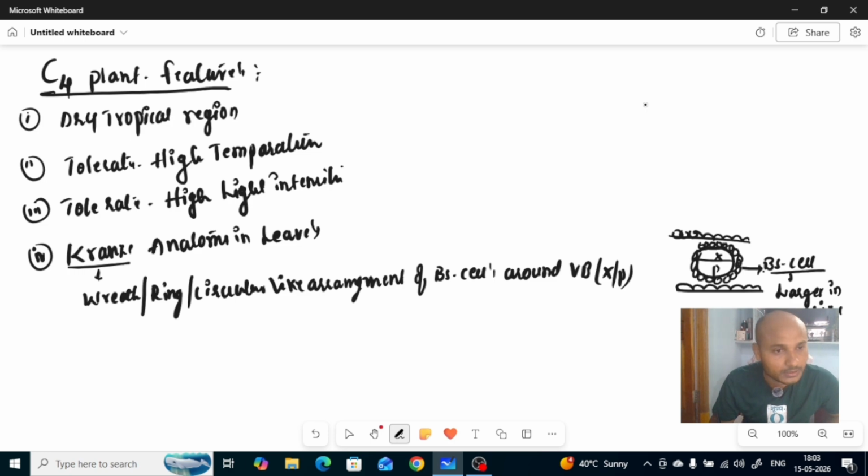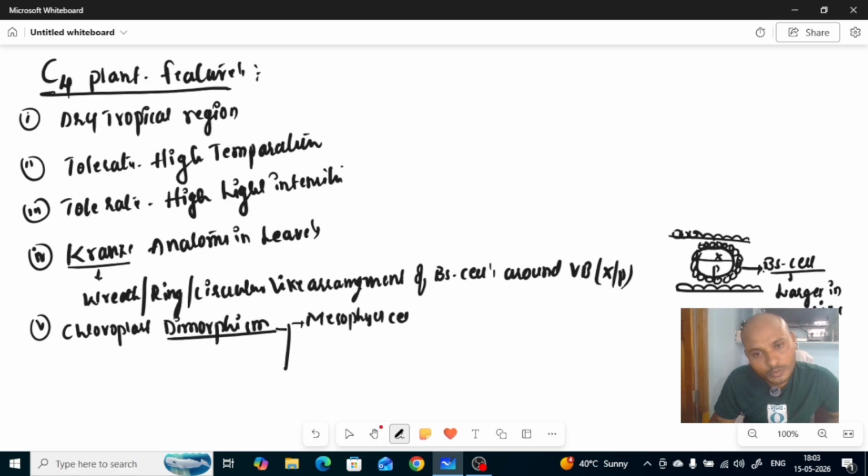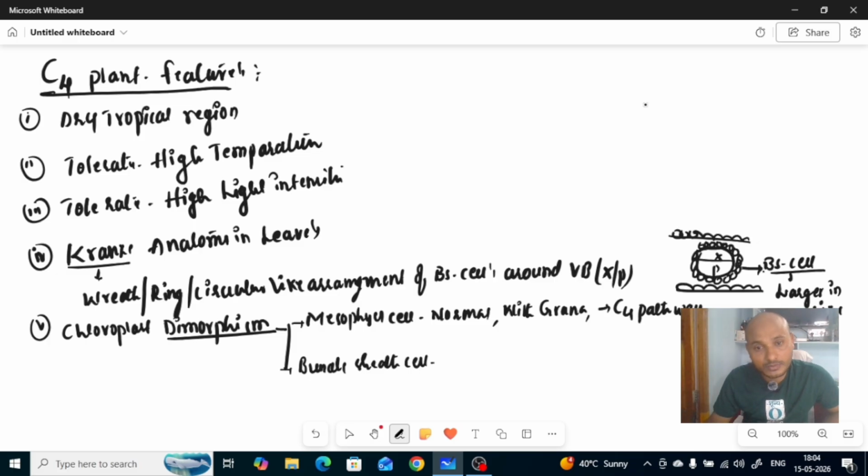Now these C4 plants also show chloroplast dimorphism. Dimorphism means two structures, like the chloroplast has two structures. It means that generally the chloroplast in mesophyll cells is a normal chloroplast, with grana, and these normal chloroplasts carry the C4 pathway. But when we see the chloroplast in the bundle sheath cell, it is abnormal.